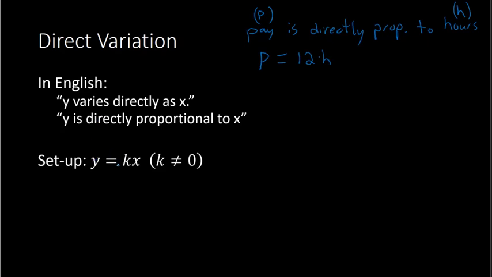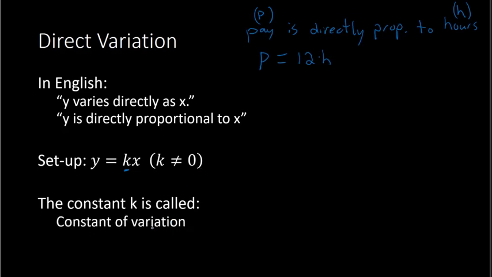It's going to be y equals k, some number, some constant, times x, your other value. And here the k is called your constant. It's also called a constant of variation, or constant of proportionality. It can be called any of these things.